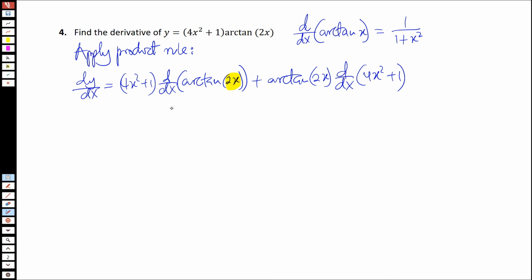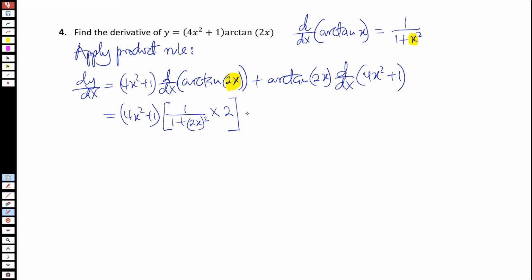For the first term, we shall end up with 4x squared plus 1 multiplied by the derivative of arctan x, which is 1 over 1 plus x squared, but our x in this case happens to be 2x. So we replace the x in this derivative with 2x, giving 1 over 1 plus 2x squared. That's outside, and inside, the derivative of 2x is 2.